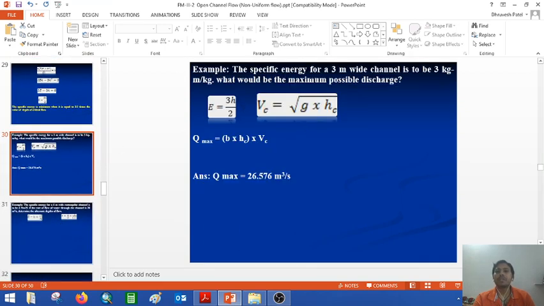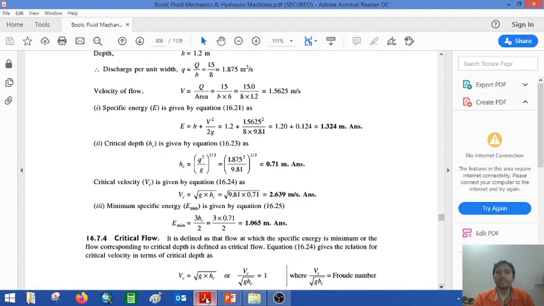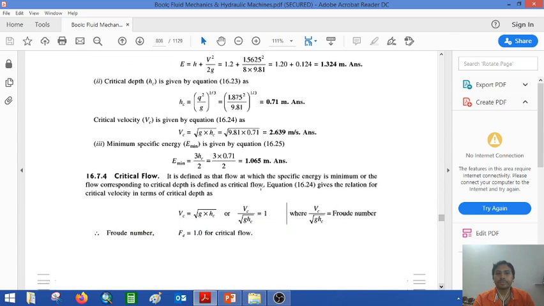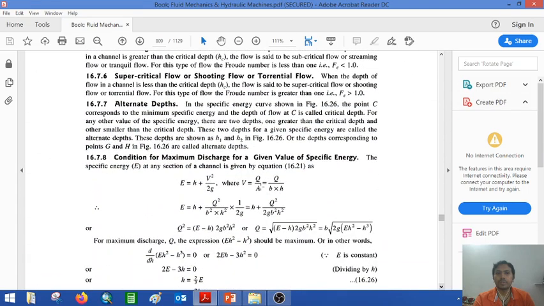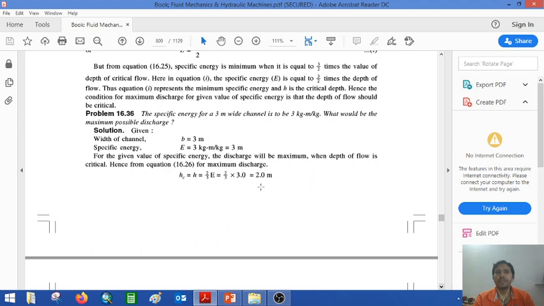The specific energy for a 3 meter width channel is 3 kg meter per kg. What will be the maximum possible discharge? So we have to find out the maximum possible discharge, and the same you can get with the help of the example which is included at page 809.